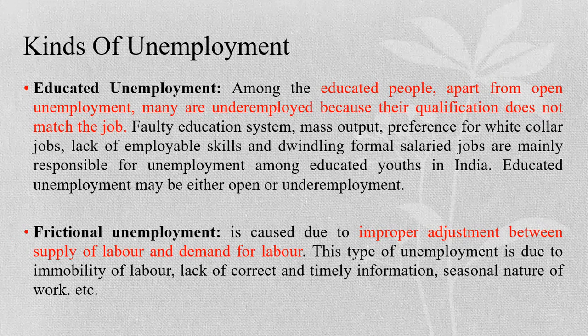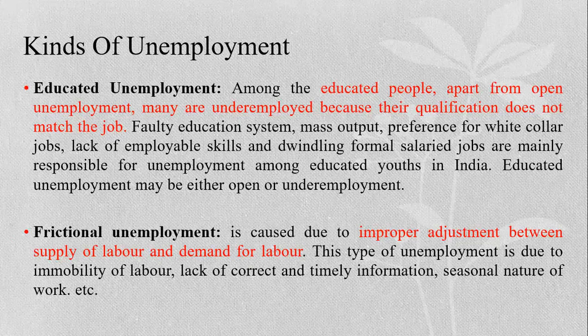Mass output, preferences for white collar jobs, lack of employable skills, and dwindling formal salaried jobs are mainly responsible for unemployment among educated youth in India. So educated unemployment may be either open unemployment or underemployment.